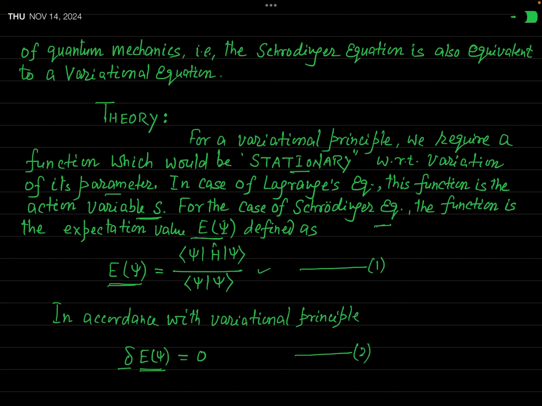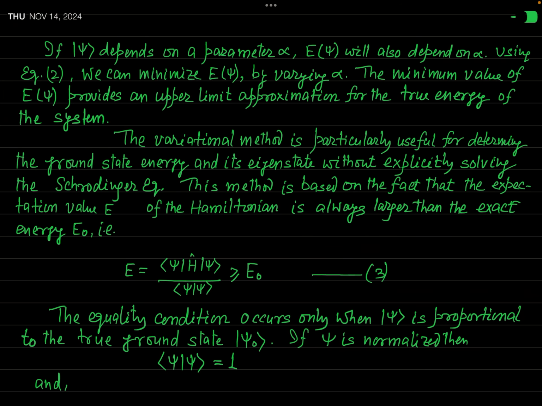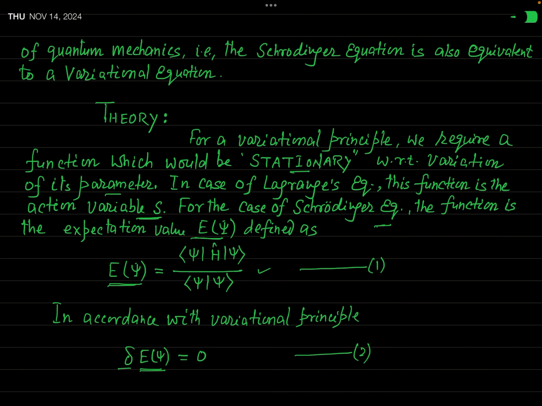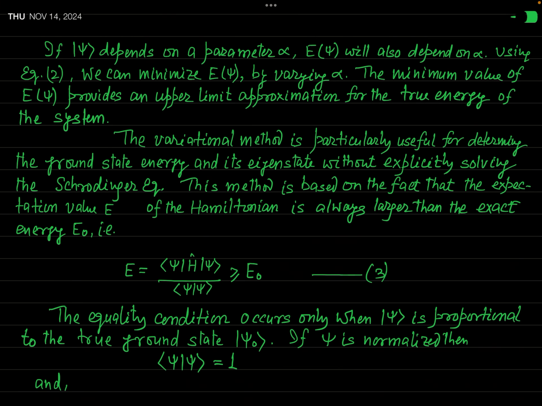Now, in fact, if you consider that this function psi is orthonormal, in that condition, the value of this product in the denominator will be equal to 1. And normally in quantum mechanical problems, we take the eigenfunction which is orthonormal. Okay.